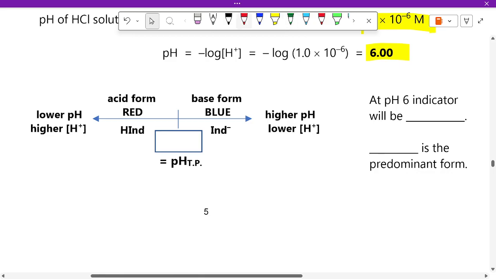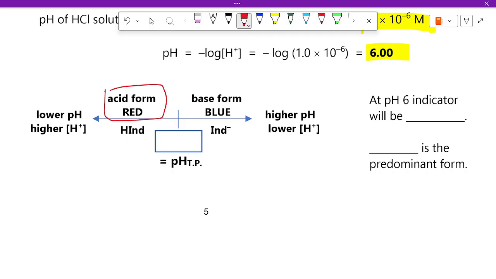So we have red below pH 4.49, and we have blue, our base form, above 4.49, and since 6 is above 4.49, the indicator will be blue.